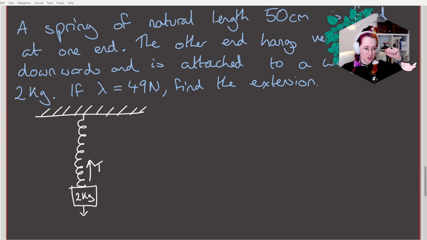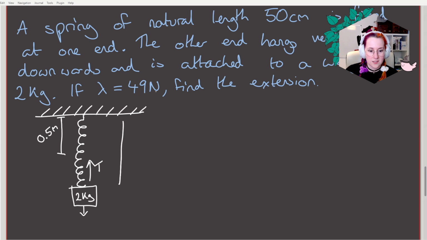It's going to be stretched. We're told the extension, so we know there was a natural length here that is 50 centimeters, so we need to convert to metric units, so 0.5 meters, and we're told to find x.